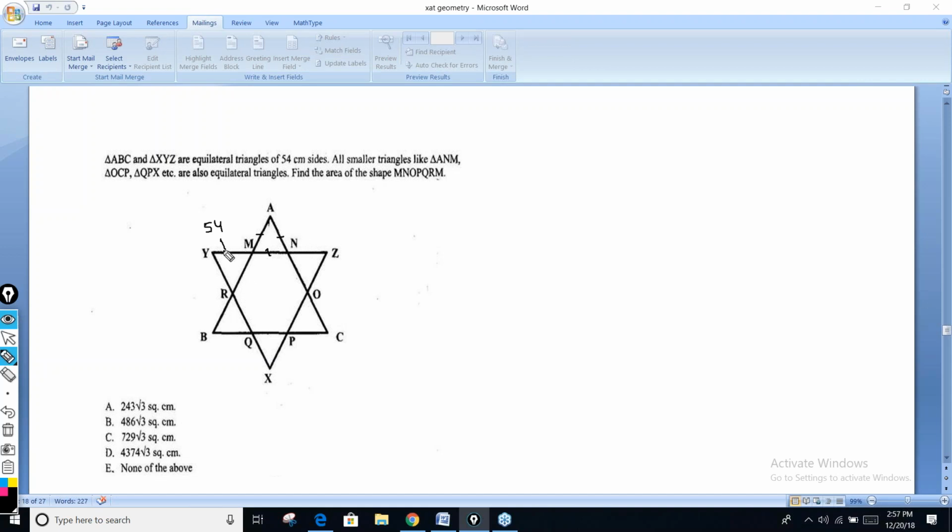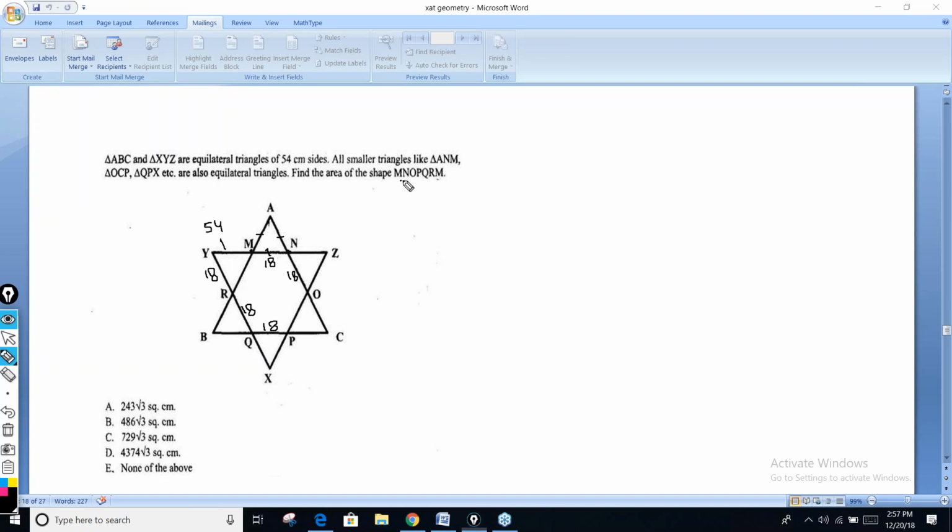And if the figure is in symmetry, it means these points M and N are basically trisecting the bigger side. So the side of the smaller triangle has to be 18. So all these sides have to be 18, 18, 18. This is the only possibility.